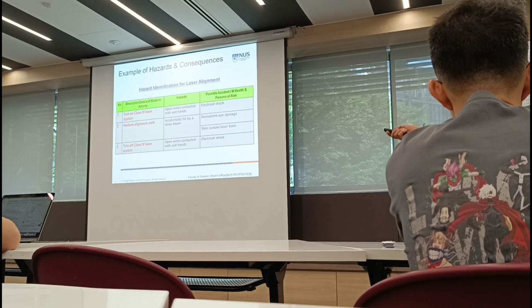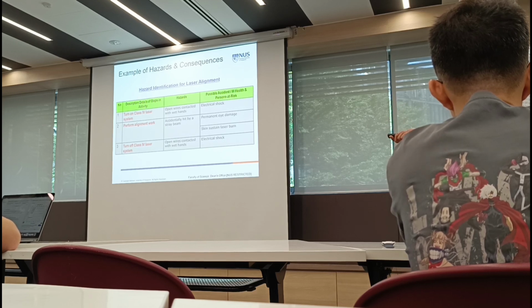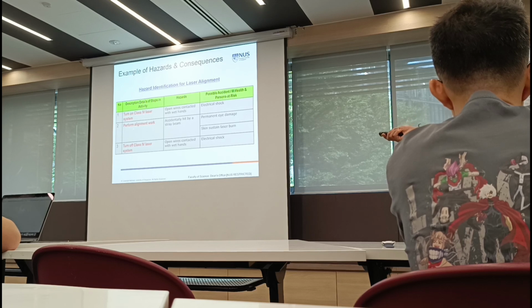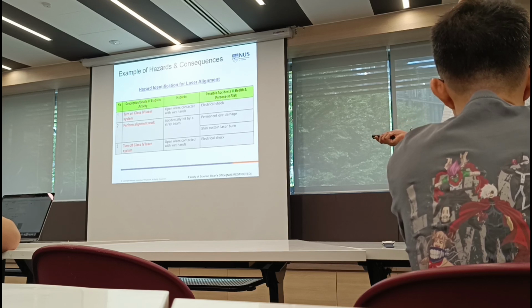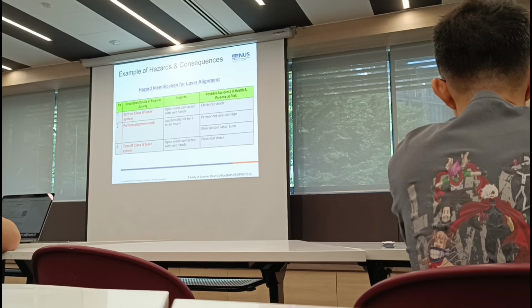And then another one, laser alignment. Laser is another experiment some people will work with. So you need to turn on the class 4 laser system, perform alignment work, turn off, right? And again, the hazards associated with each step are different.